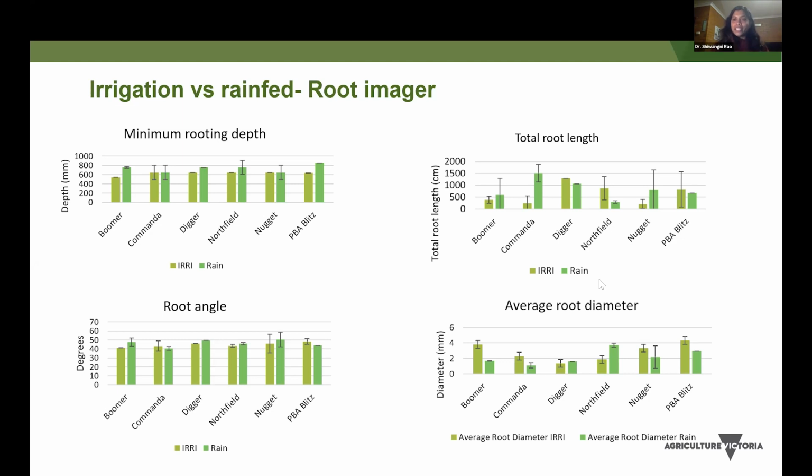I saw a question earlier on why is it installed at 45 degrees. Basically, if you install it at 90 degrees, you will only get lateral roots. So if that's something you're interested in, just to see vertical distribution of lateral root, that's when you'd install it at 90 degrees. At 45 degrees, it allows a perfect snapshot of what the roots are growing across the tube lengthwise.